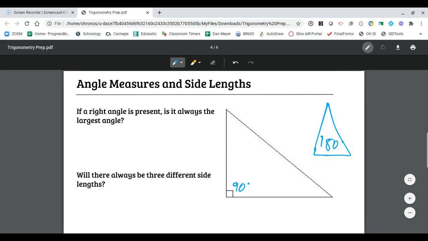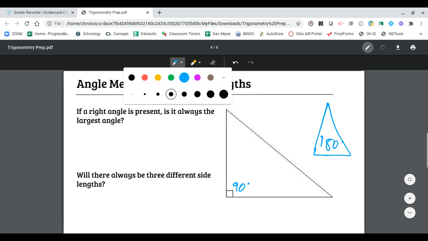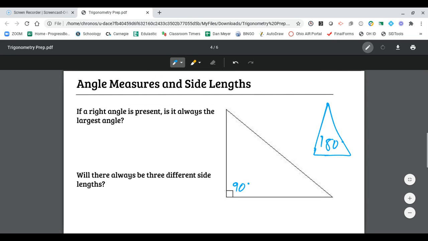So maybe 89, this could be 89 degrees, which would make the third angle 1 degree. But no matter how you work it, 90 degrees is going to be the largest angle measure. And if that is true, then that means this side length across from it is going to be the largest side no matter what.